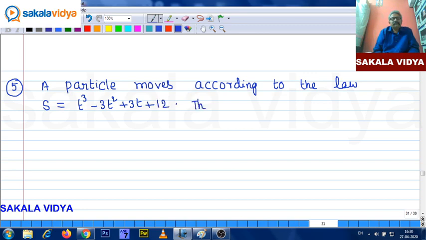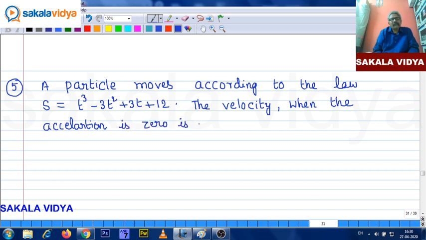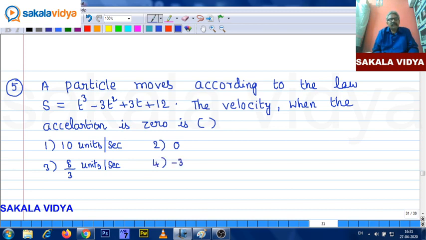The velocity when the acceleration is 0 is: first option, 10 units per second; second option, 0; third option, 8/3 units per second; fourth option is -3 units per second. This is the question.